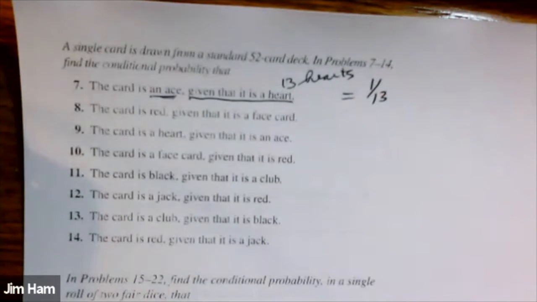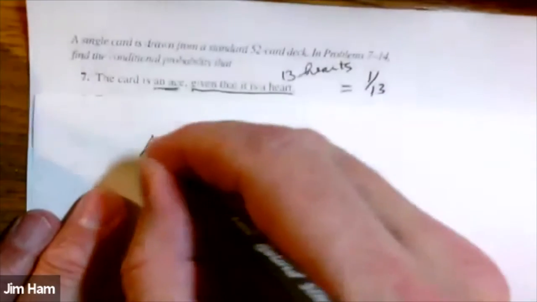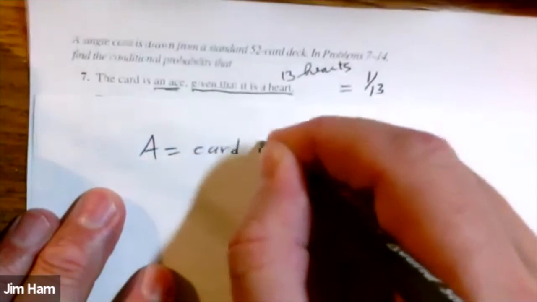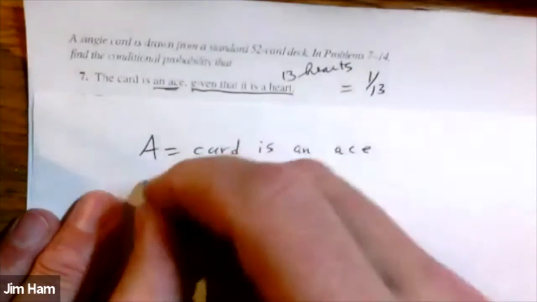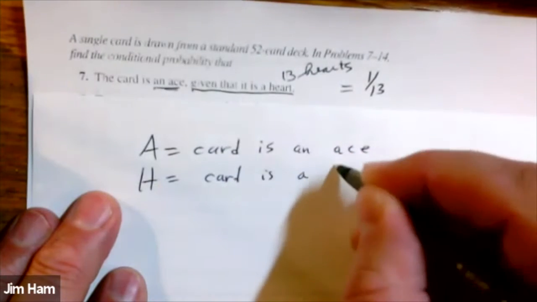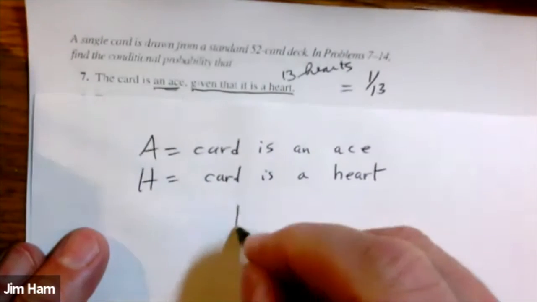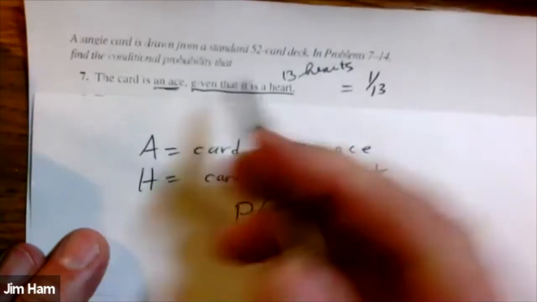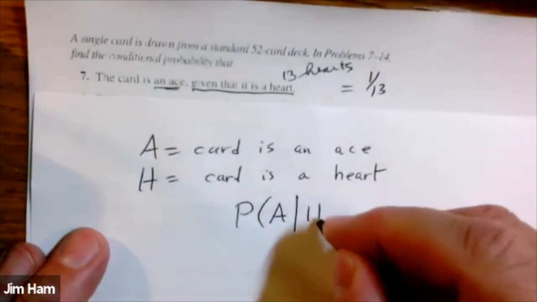Now, I can link this to our formulas if you like, and here it is. Let's say A is the card is an ace, and let's say H is the card is a heart. So if we were going to write this probability out here, we would write, what's the probability that the card is an ace, given that the card is a heart?